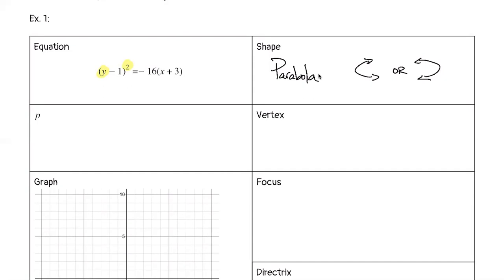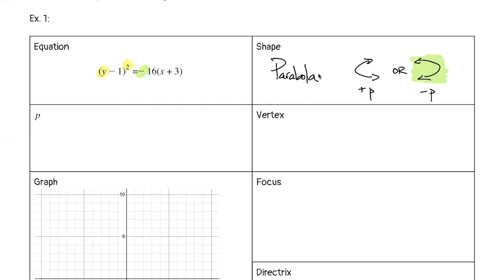Now, if there's a negative sign in there, let's choose a different color. If there is a negative sign, it's actually going to open to the left. Okay, so if there's a negative p, it's going to open to the left. If there's a positive p, it will open to the right.